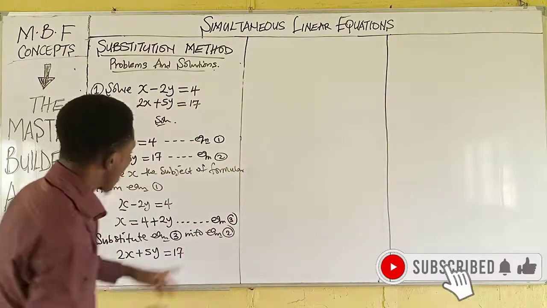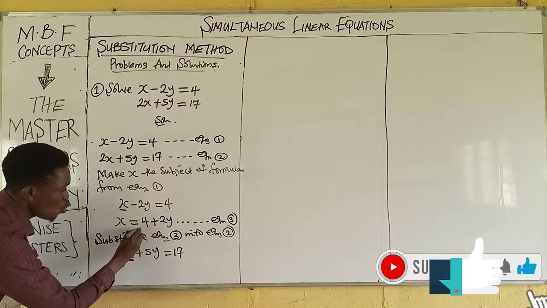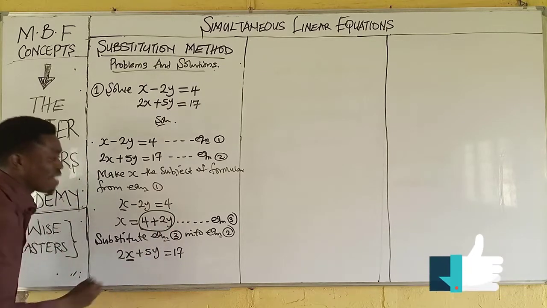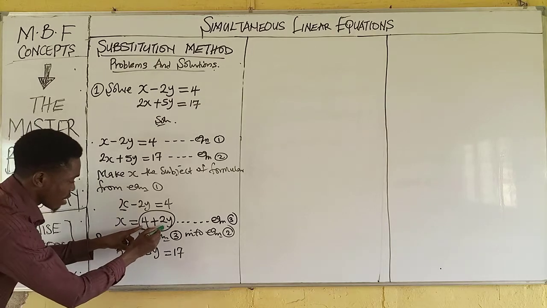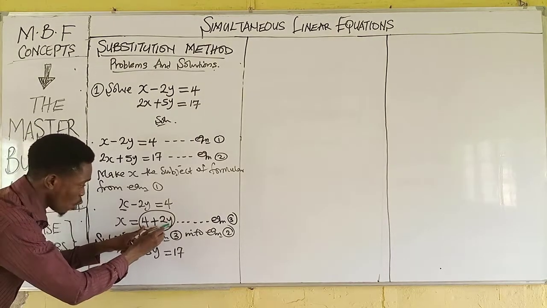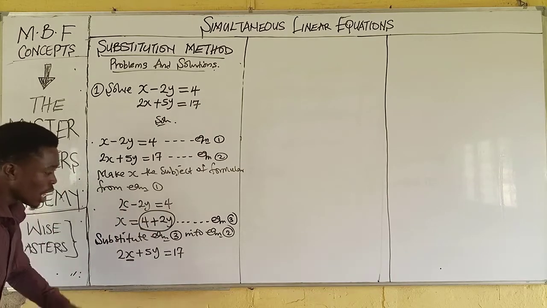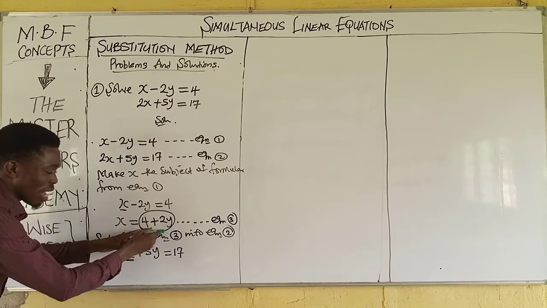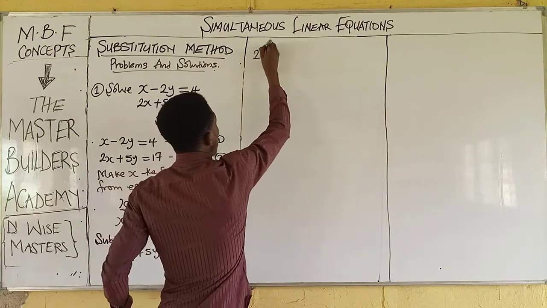Now let's go. At this point, I need to replace x with everything I have at the right hand side of equation 3. You see that this is the assumed value of x. So anywhere I see x in equation 2, I will replace it with this value. So I'm going to have 2 open bracket.